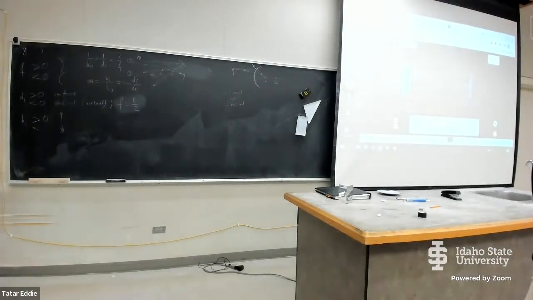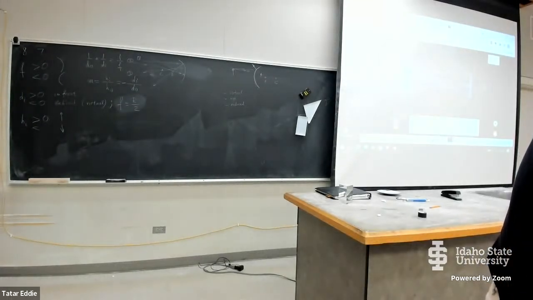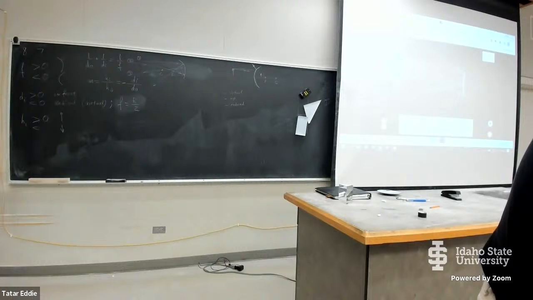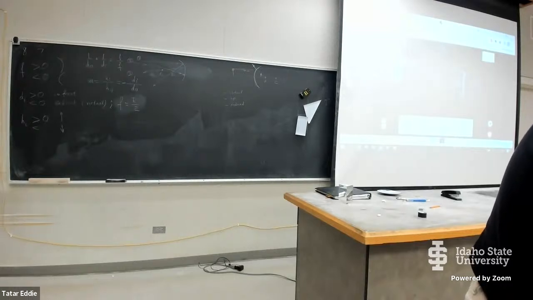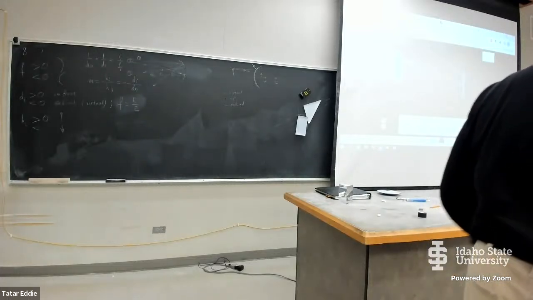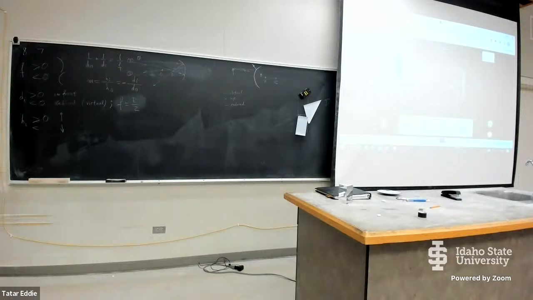Okay, so let's look at this animation as much as we can. Here is the object. Is pencil okay, or we can use a different object? Okay, pencil, let's leave it as pencil. So here is the object, and here is the image.